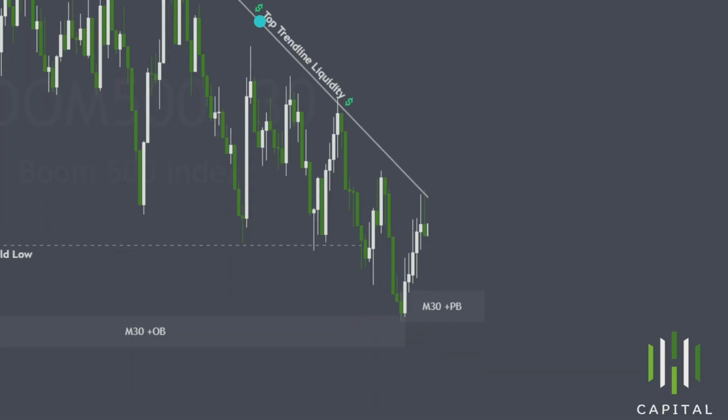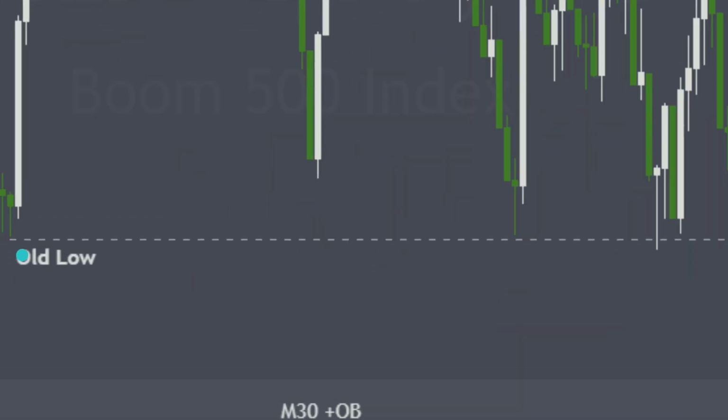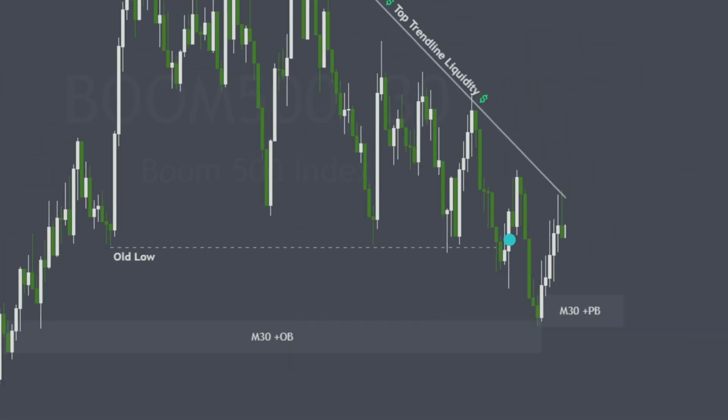But for us to know when price might reach for this liquidity, we want to see if old lows are going to be reached by price, and price did that. But when it reached into these old lows, it needed some level to find support on, and we visited this old M30 bullish order block, and price did react beautifully.